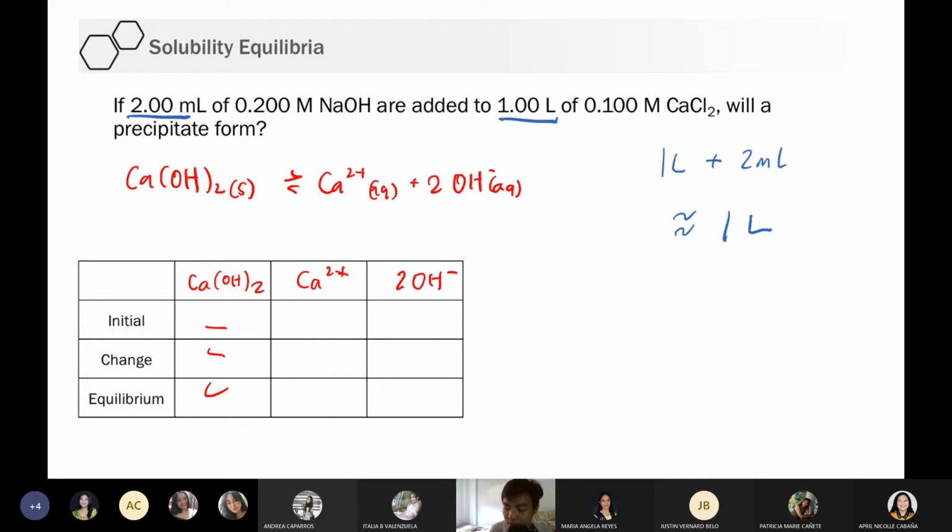So that means since yung ating total volume of the solution can be approximated as 1 liter, the concentration of calcium will be as is. No? So kung ano yung nakalagay dito, yun na yung concentration ng calcium. Bakit? Kasi sabi natin, the final volume of the solution is approximately 1 liter pa rin. Kasi 2 ml is just ilang droplets lang yun. Ilang patak lang yun. Okay?